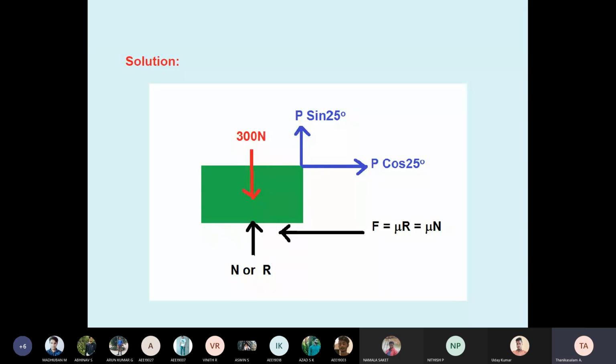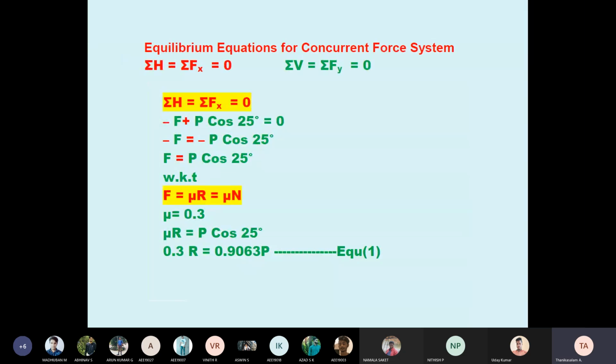On the x-axis, left side is minus and right side is plus. Similarly, on the y-axis, vertical upward is plus and vertical downward is minus. So we applied everything simply and formed equations 1 and 2.